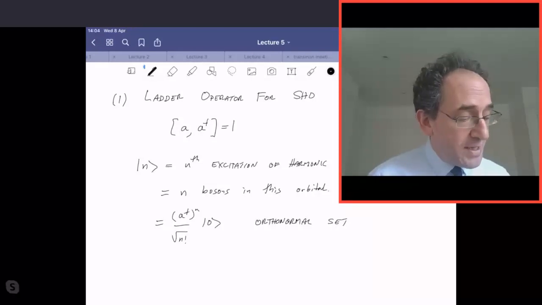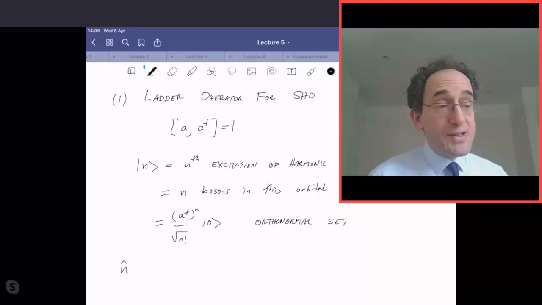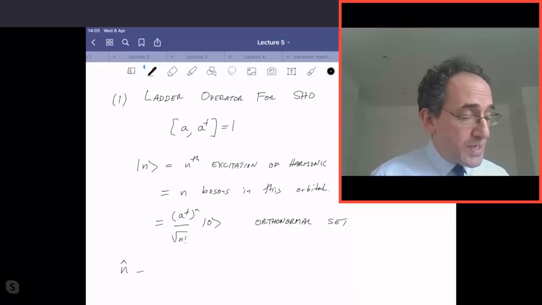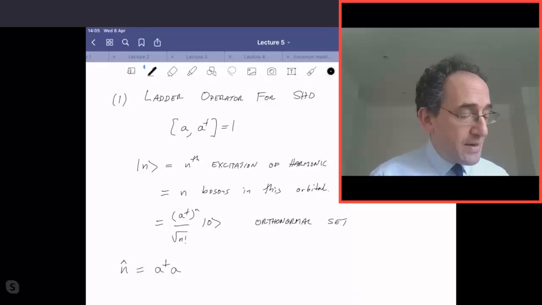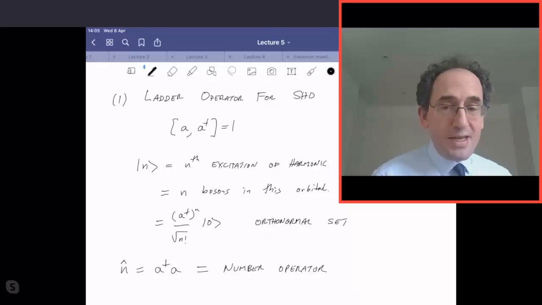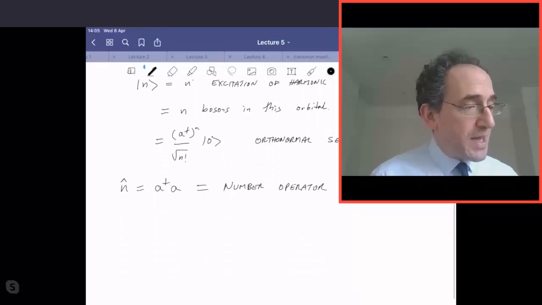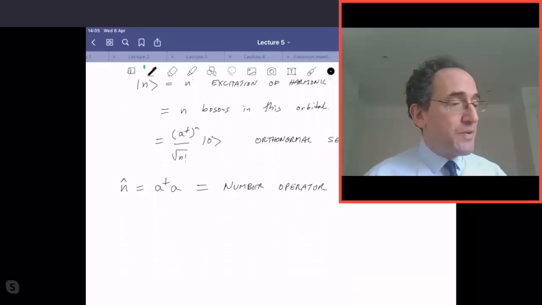And we can write a number operator, which measures the number of bosons in a state, or the excitation level of the harmonic oscillator, as a dagger A, which is the number operator. Okay, probably everyone knows this if you've studied quantum mechanics in a good course.